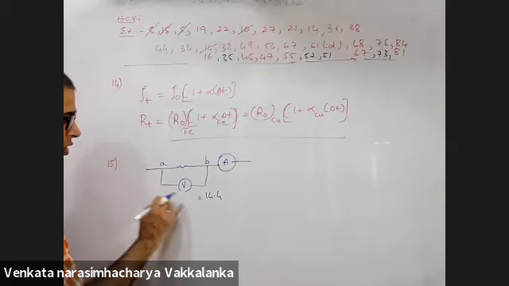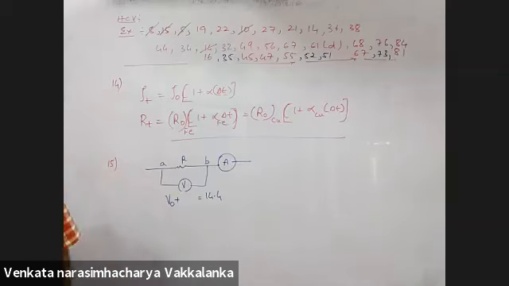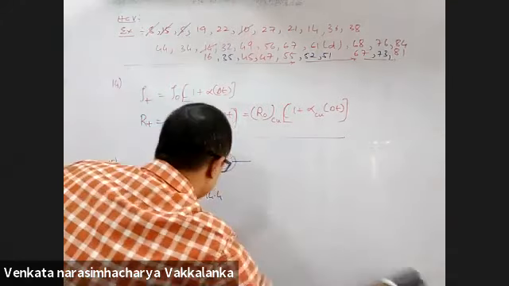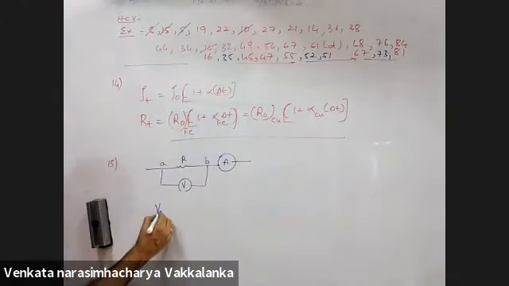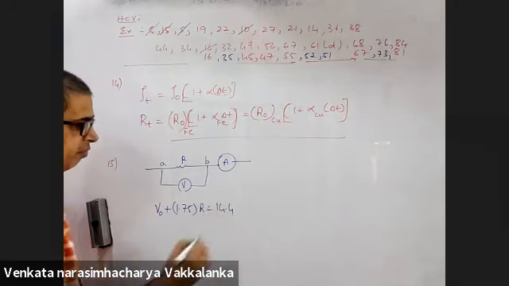More orthodoxly, I will write it as V0 plus I into R. I is how much? 1.75. This is accurate. First equation is V0 plus 1.75 into R is equal to the potential difference, which is 14.4.